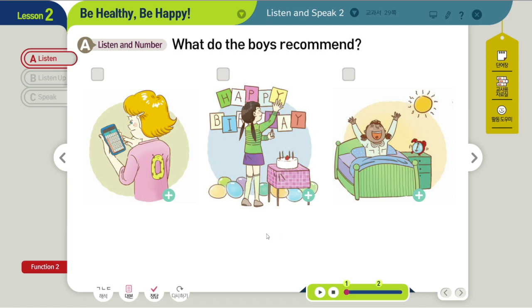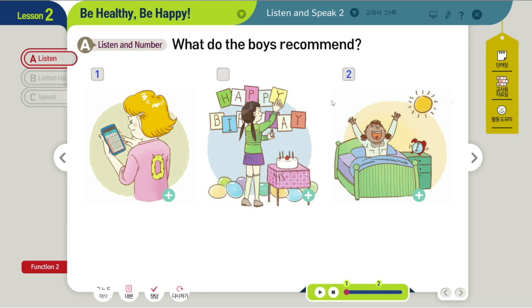Okay, so what should the girl do so she can remember her parents' birthdays? You should make a note on your smartphone, not make a happy birthday poster. And the second girl, for her to eat breakfast on time, what should she do? She should get up early.